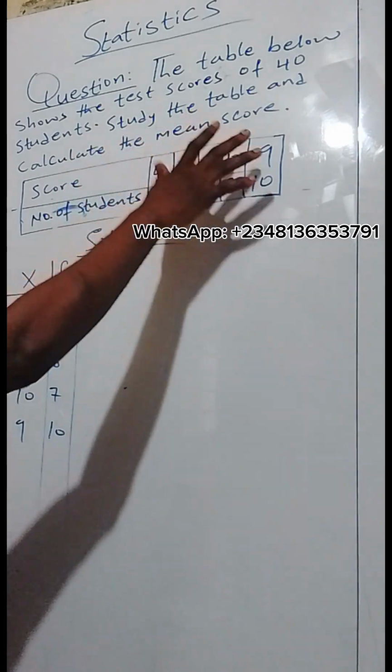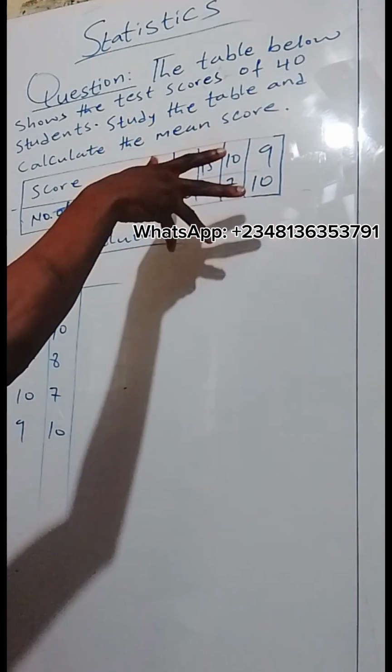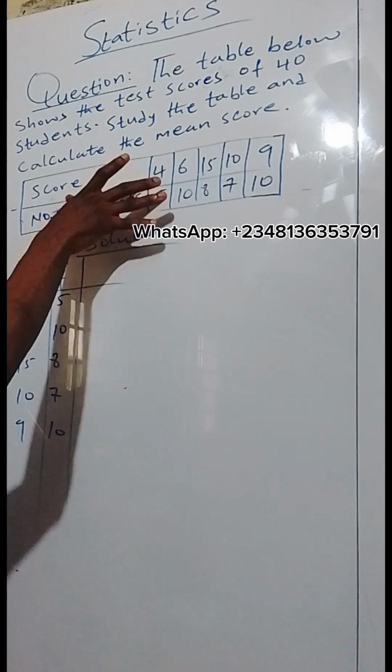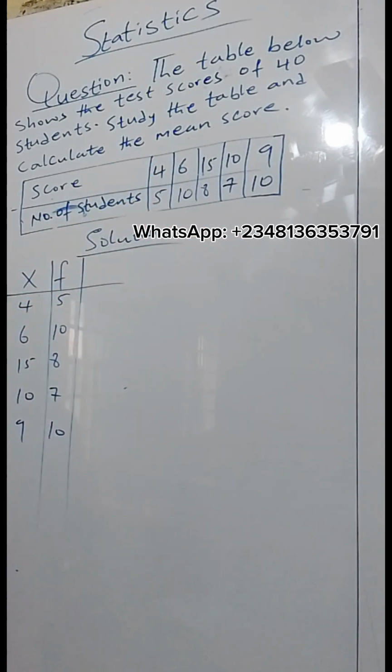So I have the same question with me here. The test scores of 40 students, and I have made my table vertical. You can see, vertical.